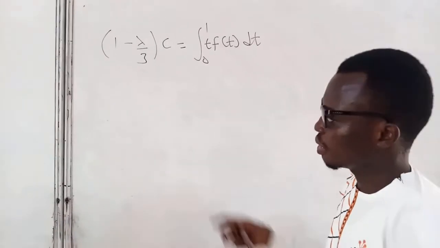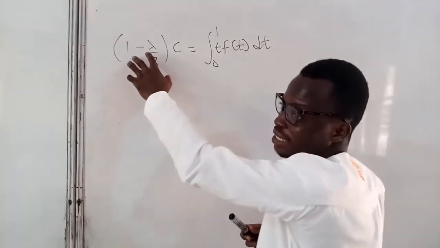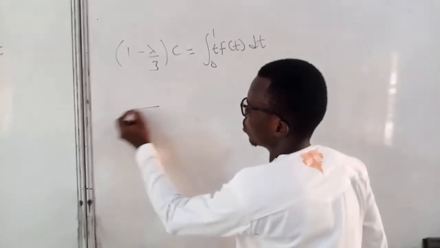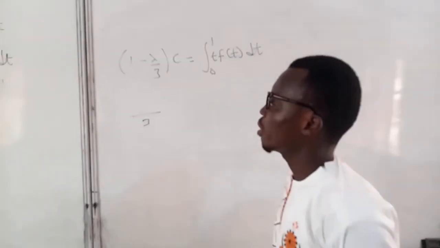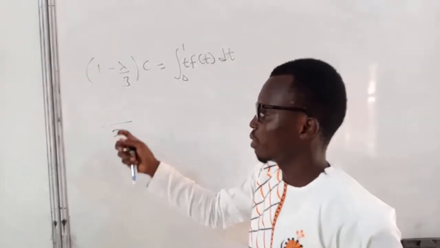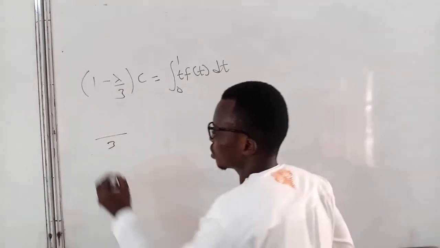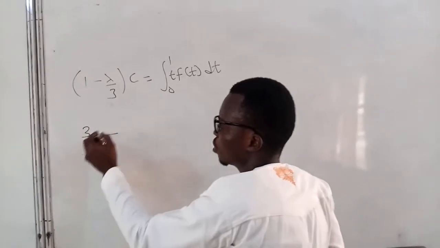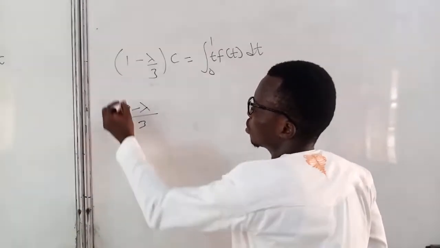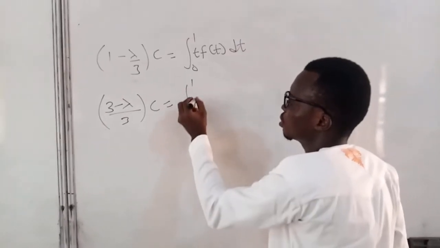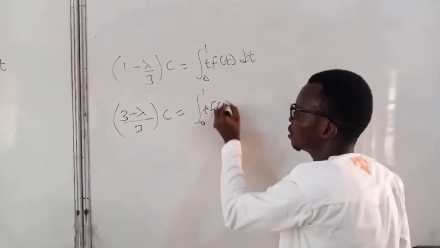This can be the same as, so the LCM is 3, which is the same as 3 all divided by 3. Then I'm going to have 1 over 1, so 1 goes into 3 three times, so 3 times 1 is 3. This goes to 3 minus lambda, into bracket c, to be equal to the integral from 0 to 1 of t f of t dt.